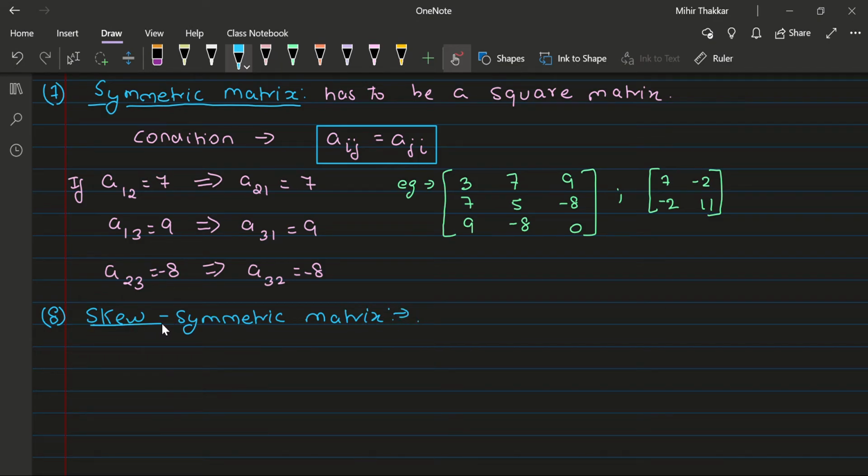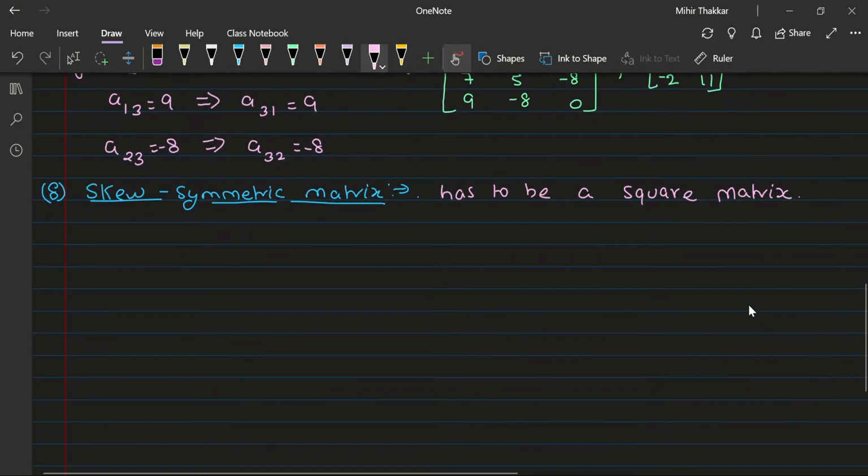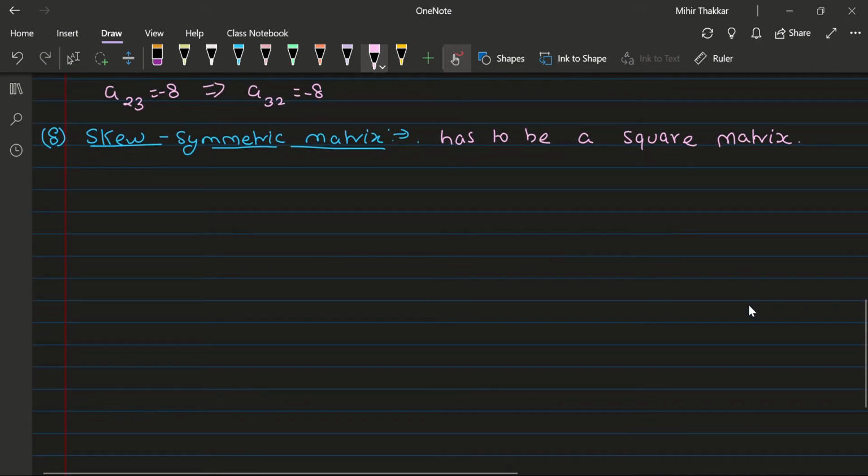So now let us understand what is a skew symmetric matrix. Again, it has to be a square matrix, and now let us see what is the condition. There are two conditions for this.